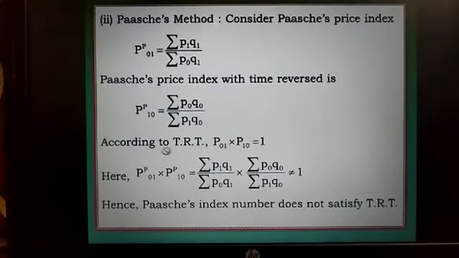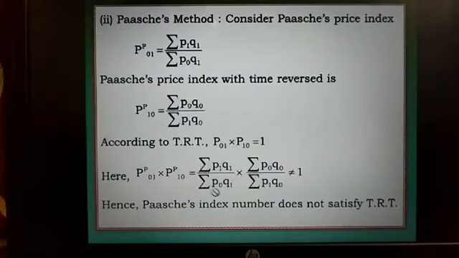Again TRT requires P01 multiplied by P10 is equal to 1. The same way as in the case of Laspeyres' index number, substitute P01 here and P10 here. Again observe whether they are getting cancelled with each other, whether it is equal to 1.